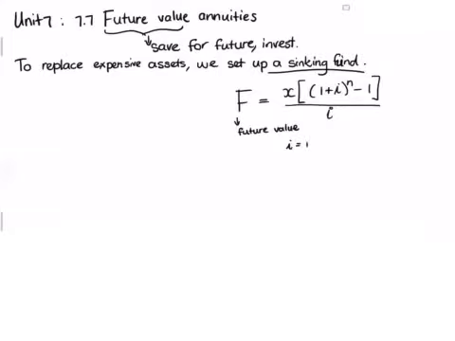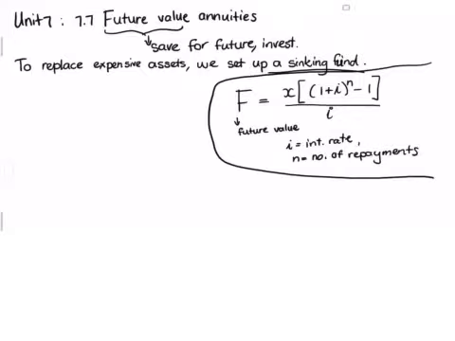I, again, is my interest rate, where I've already recalculated it for the time periods. N is number of repayments.